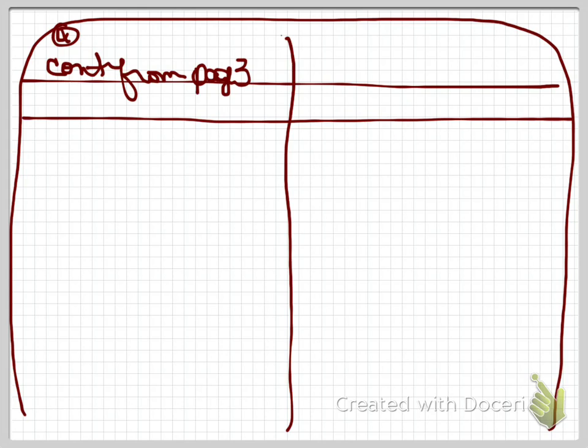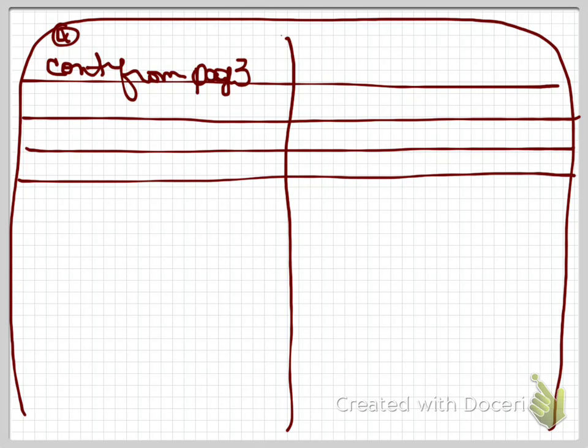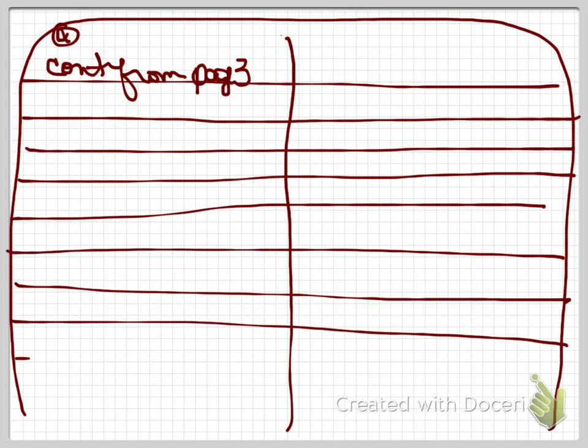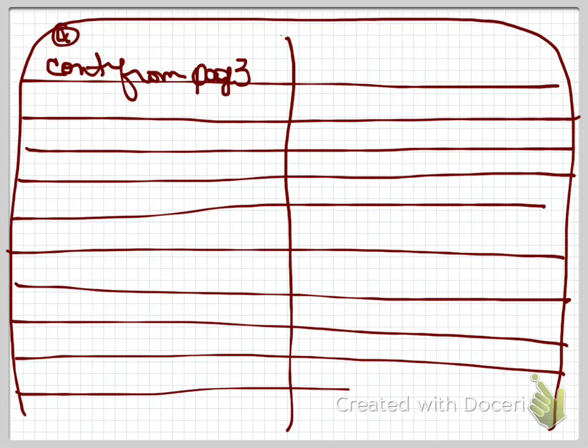Again, here are my lines on my page. I think I did a great job writing in this book, making these lines. Now, the next thing is your procedures. For this particular lab, I literally wrote out your procedures for you, step by step.